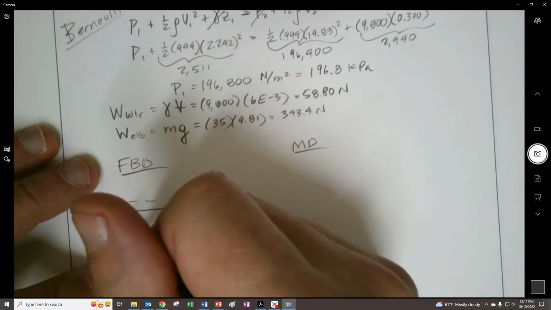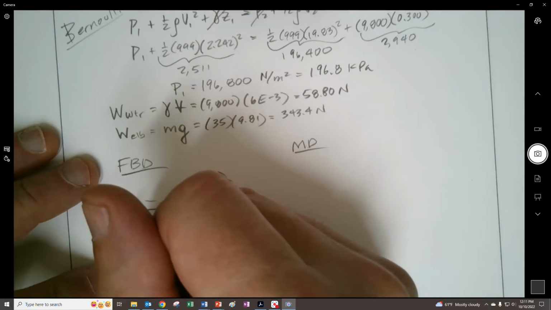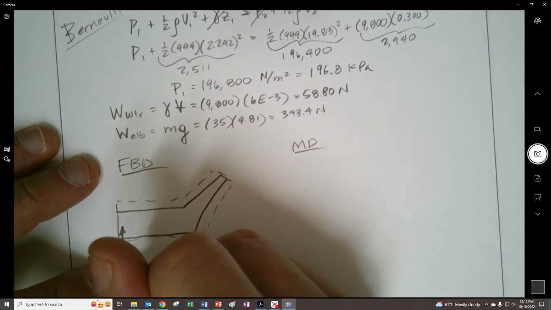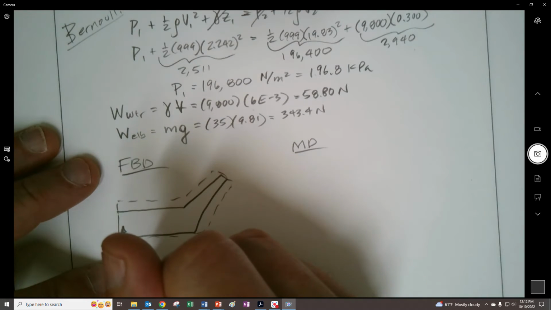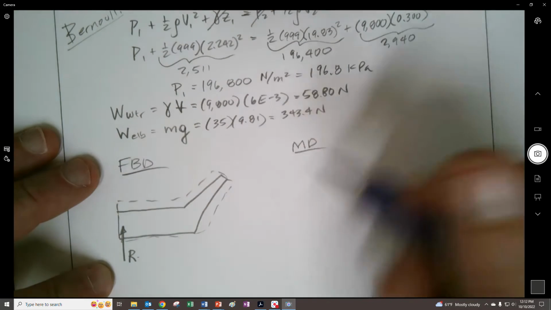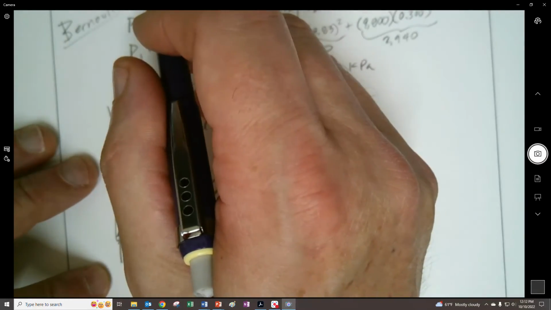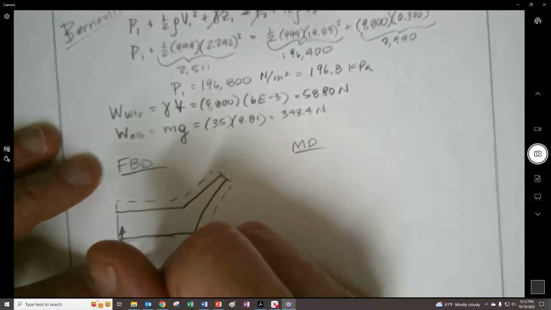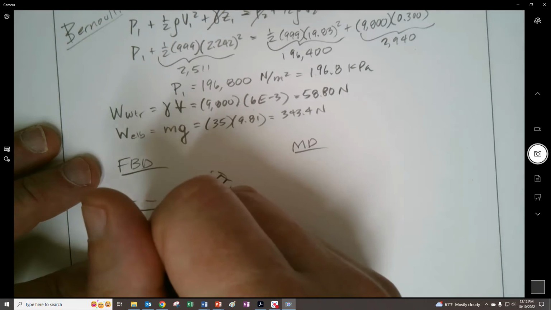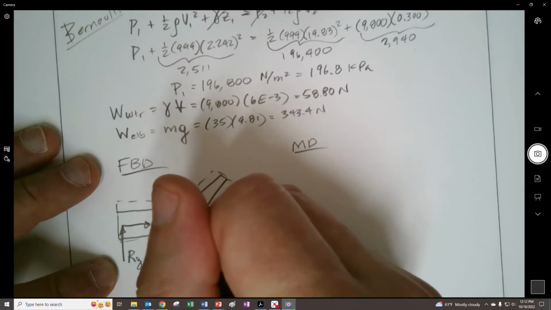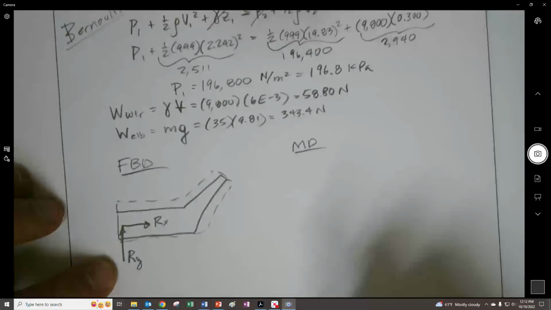And we're going to have the forces acting on here. I'm going to draw them in the positive direction. So these are reaction forces of the holder, or let's see what it says, determine the anchoring forces needed, right? So these are going to be the anchoring forces, Rx being applied right there.